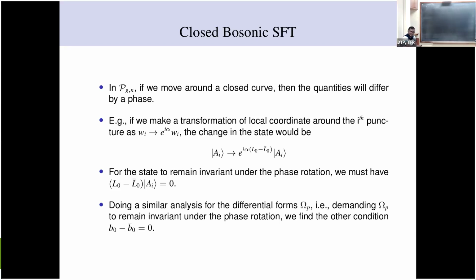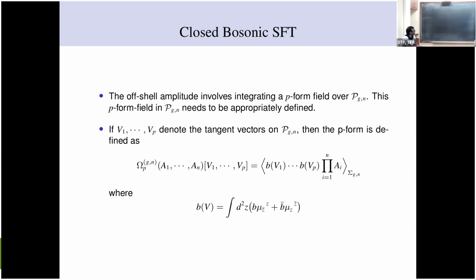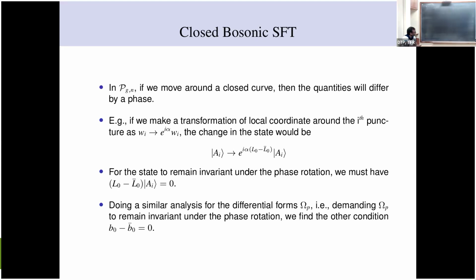This was one reason why we had to impose this condition. And if you do a similar analysis for the differential form omega p, you demand that it remains unchanged as you go around the closed curve. Then it will be possible only if you impose this condition, because the phase pickup will be proportional to B0 minus B0 bar, because it has all these B fields. One can do the analysis and show that.